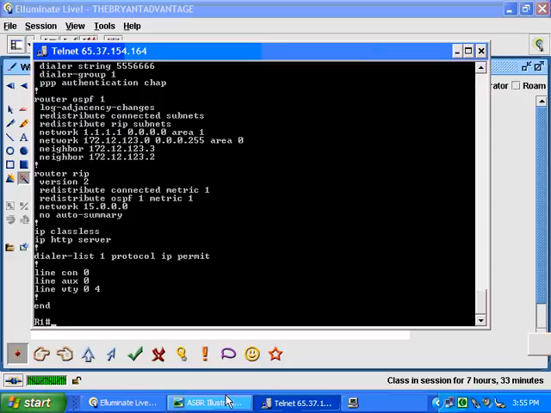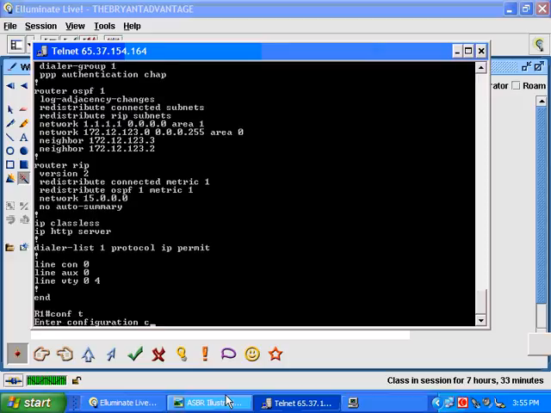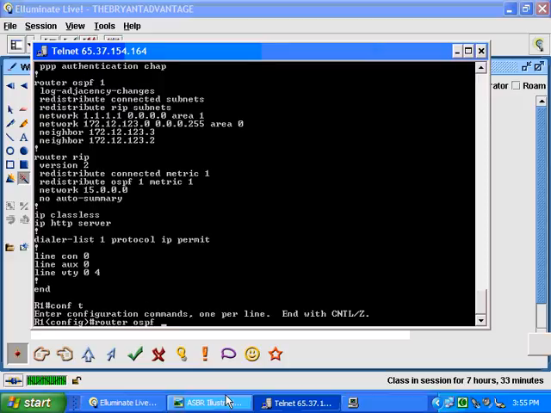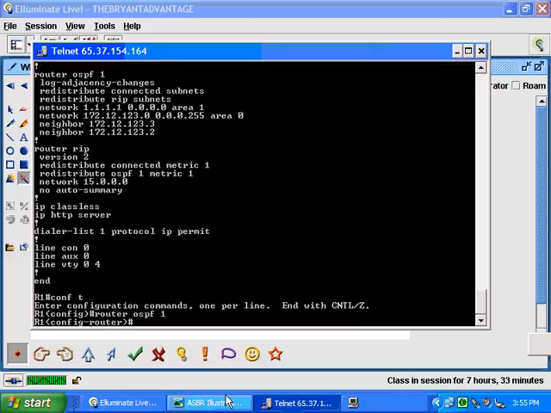So what we're going to do with OSPF is configure, and we're just going to try to write over the redistribute rip subnets command, just as we did before. You can see that's exactly the command we used before.